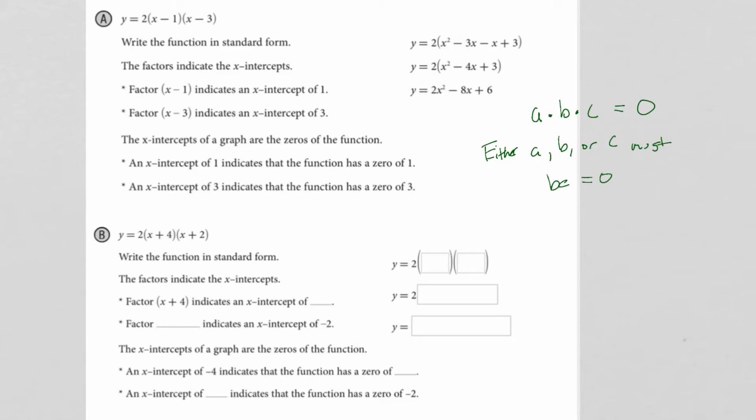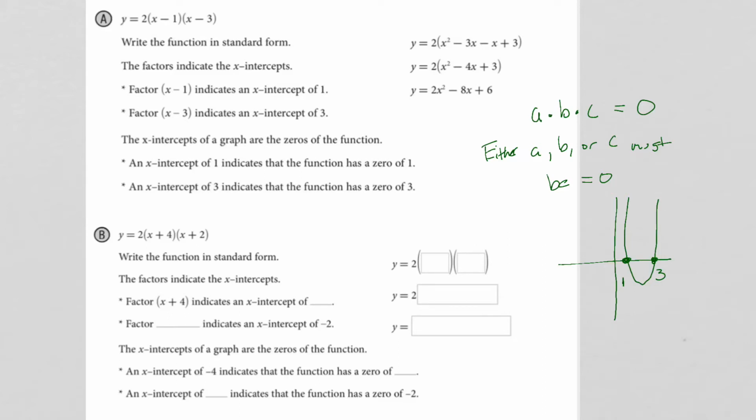And why is 0 so important? Well, if we are graphing a parabola, and let's just say our parabola goes like this, like in example A, and it has an x-intercept basically at 1 and an x-intercept at 3, what is the value of y at these x-intercepts?